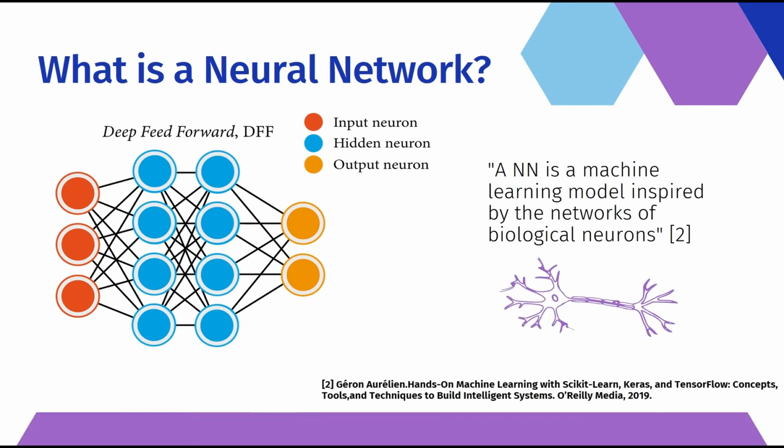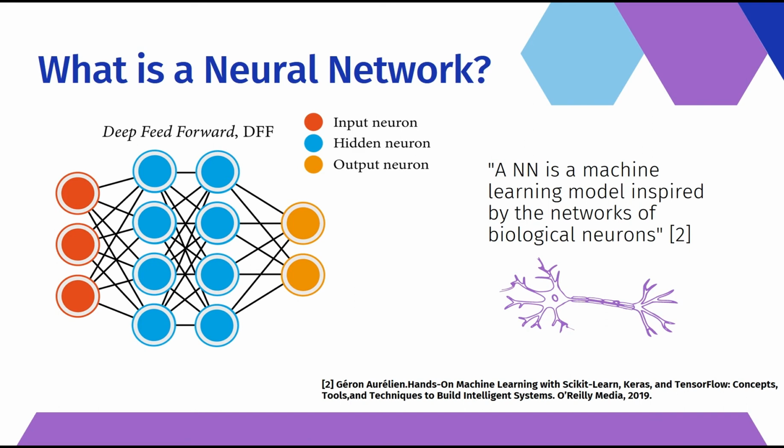According to Aurélien Géron, a neural network is a machine learning model inspired by the networks of biological neurons, where the data enter the network and turn on different neurons inside the network that produce one characteristic output. Because of this, the algorithm can help us to classify nonlinear data.